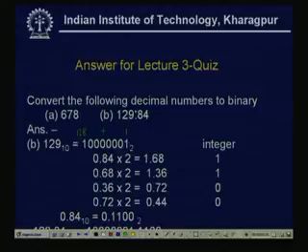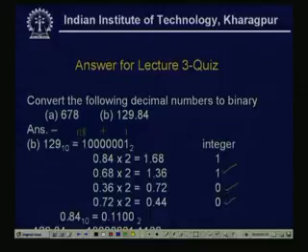Now, the non-integer portion I can get by repeated multiplication by the radix value. The non-integer part 0.84 multiplied by 2 gives 1.68, and the integer is 1. Similarly, I take the non-integer portion, multiply by 2 again, get another integer 1, and in that way I get 0, 0.